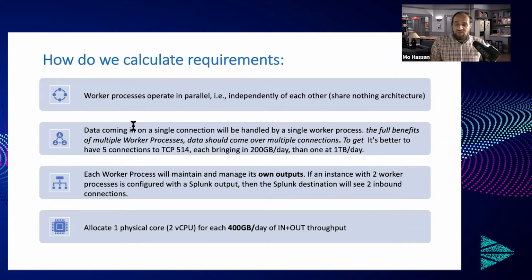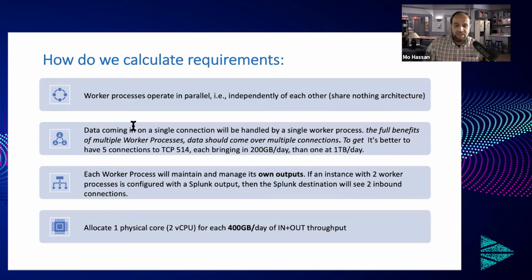You need to be aware of this, because when people run tcpdump or netstat on the Splunk side, they want to know, I sent 1, how come it's showing 3 and not 1, that kind of stuff. So be aware of the inbound connections for us, and how they translate to inbound connections for the receiving end, Splunk or otherwise.